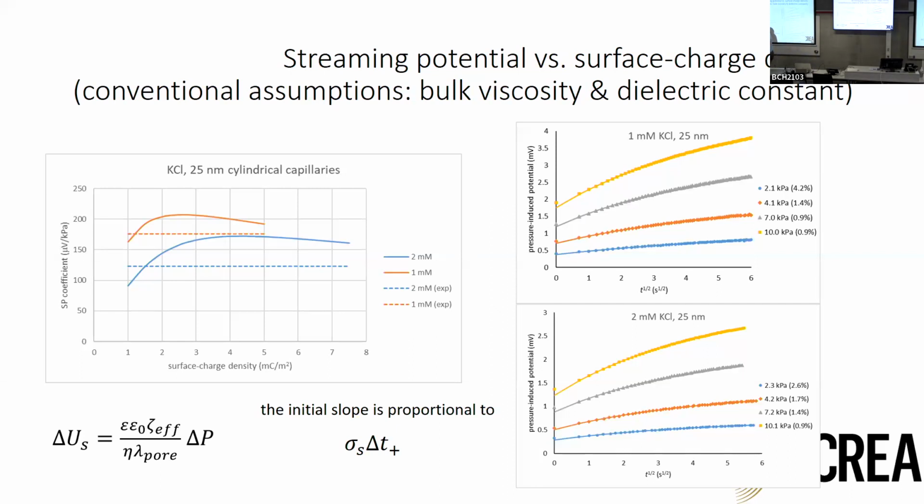But now you see that the maximum is just 30% above this value, something like that. But these values are much more than 30% above. So if you would use these values, you would not be able to determine the surface charge density because your measured value would be above the theoretical maximum.